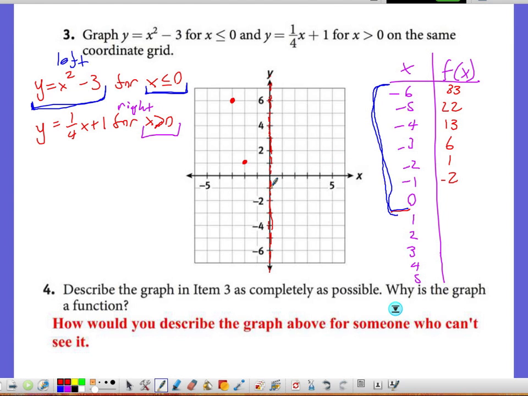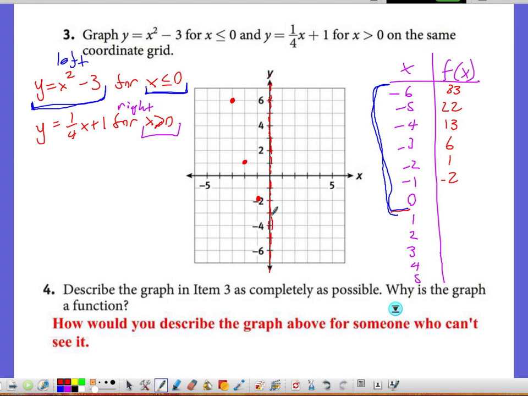So we have negative 1, negative 2. And then finally, we have 0. And you notice that 0 falls exactly on the wall. That's it, right exactly on the wall.